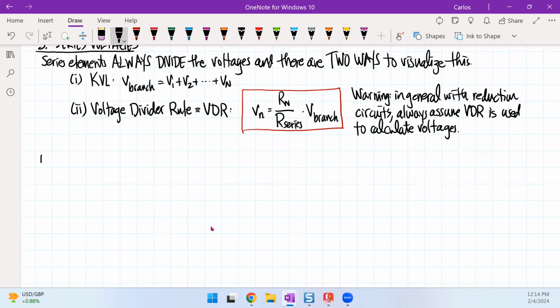So to derive VDR, one uses the series equivalent circuit.